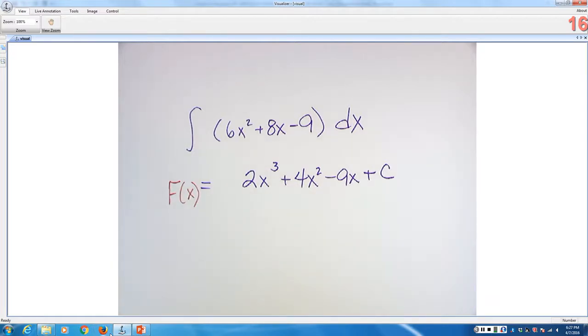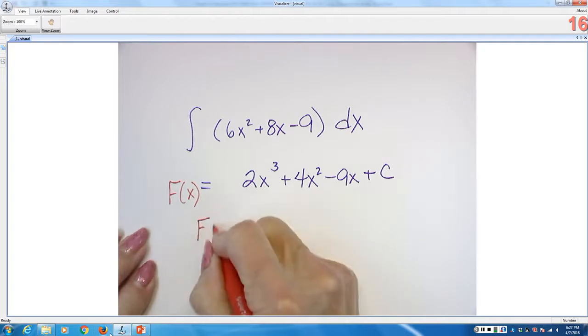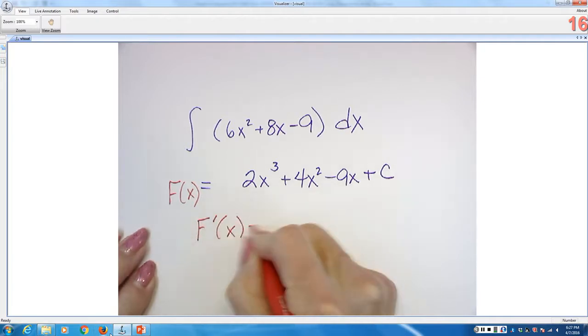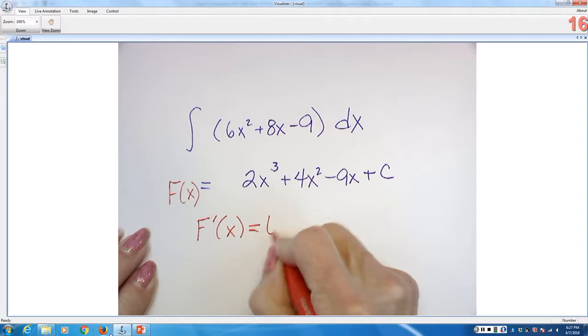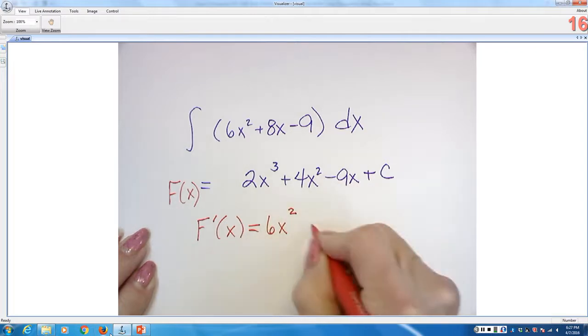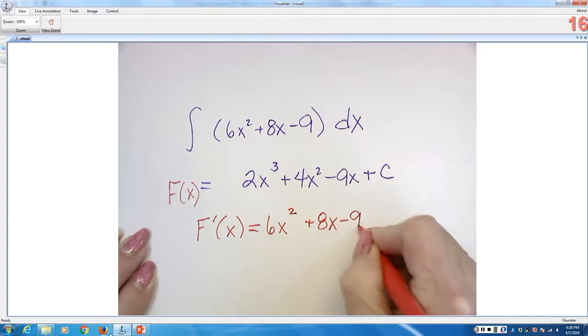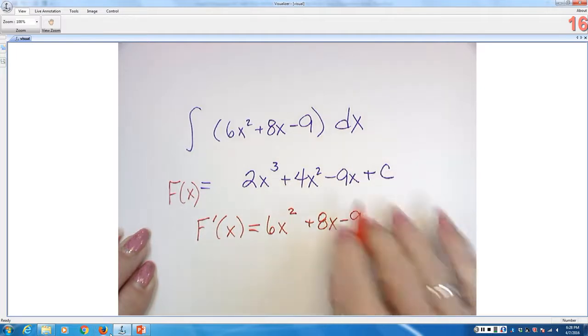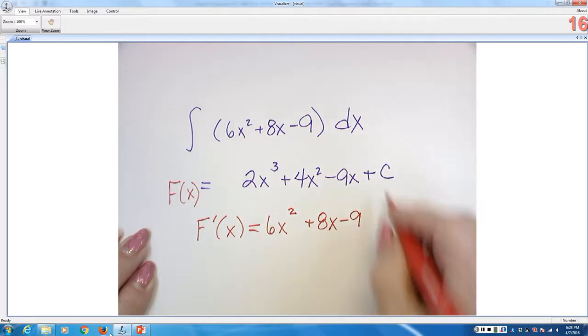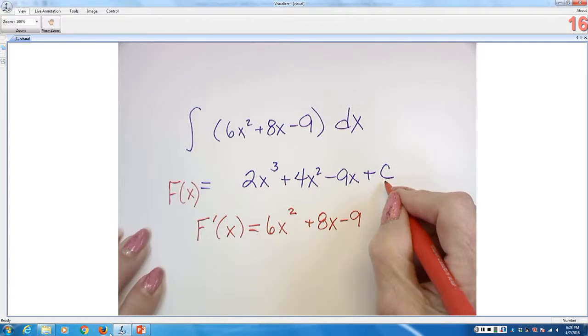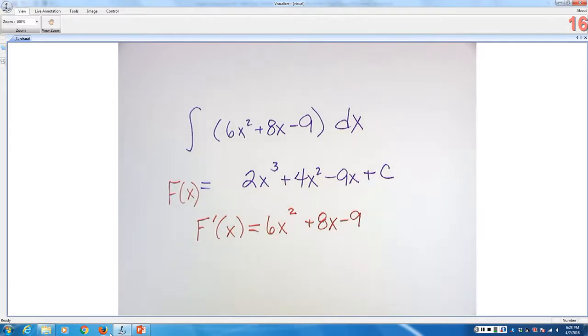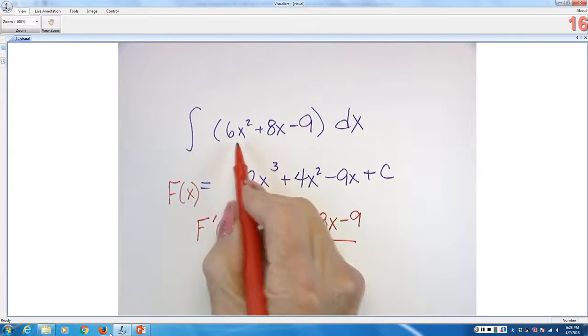And if we take the derivative of the function that we started with, we get 3 times 2 is 6x squared, 4 times 2 is 8x, 1 times 9 is negative 9, and then that x disappears. Plus there was some constant out here that when we took the derivative of it, it disappeared. So there's your derivative. And the derivative is the same as what we started with.